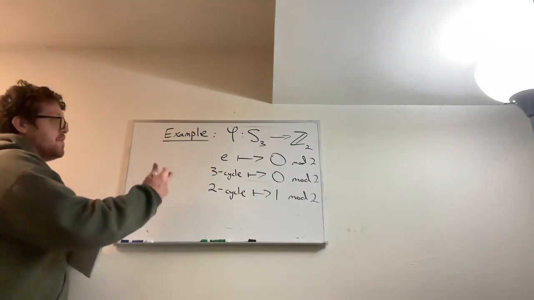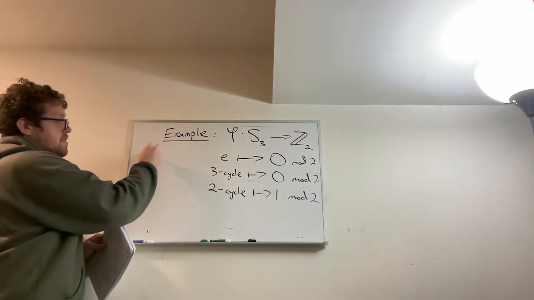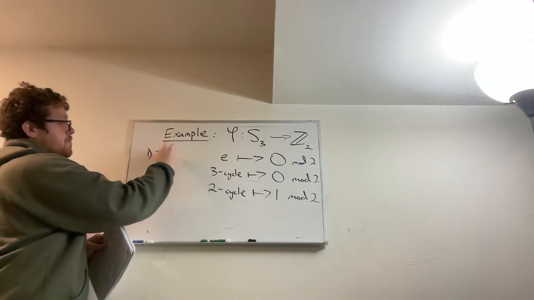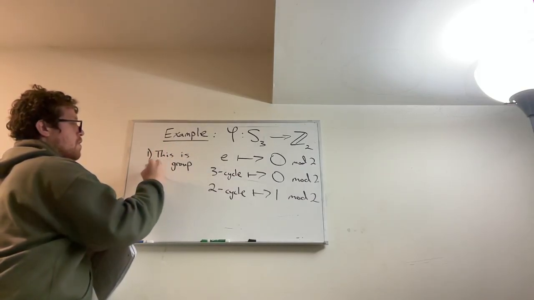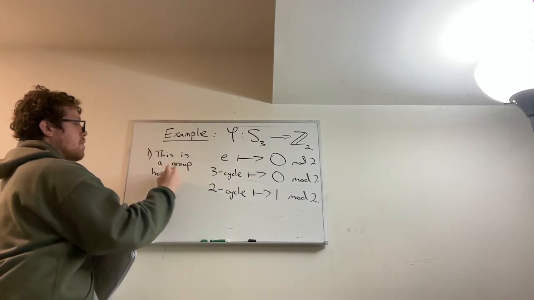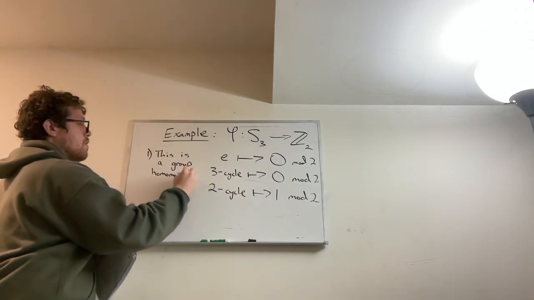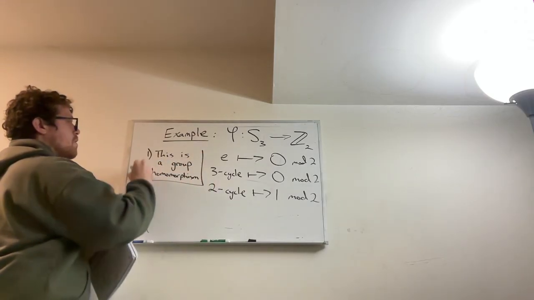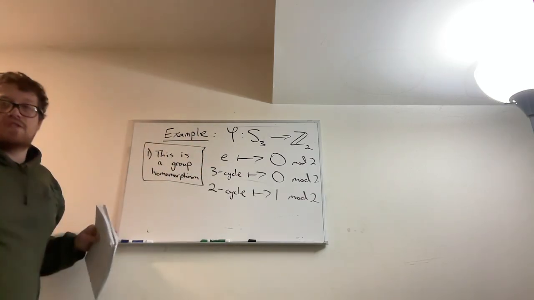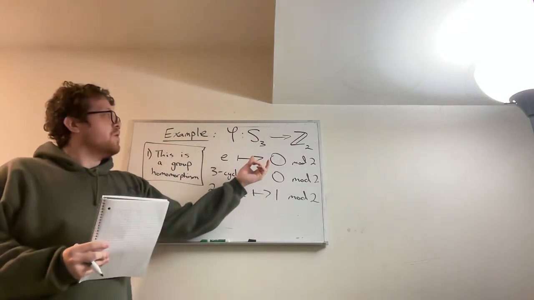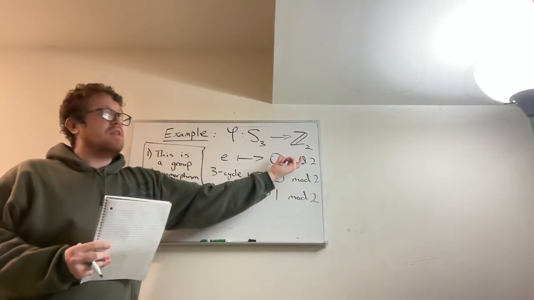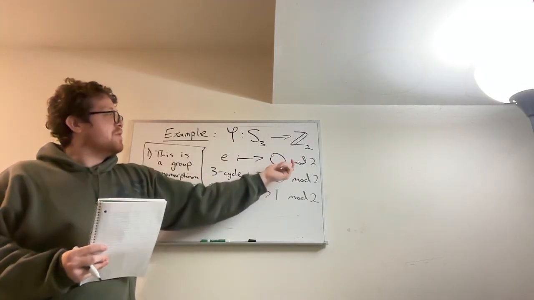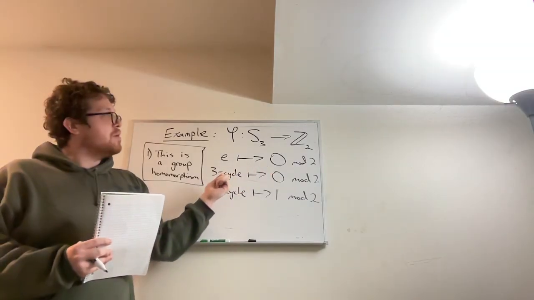I'm going to make the claim, without proving it, that this is a group homomorphism. So you would have to actually show that if you compose the bijections here and add the elements they map to, this respects the products.